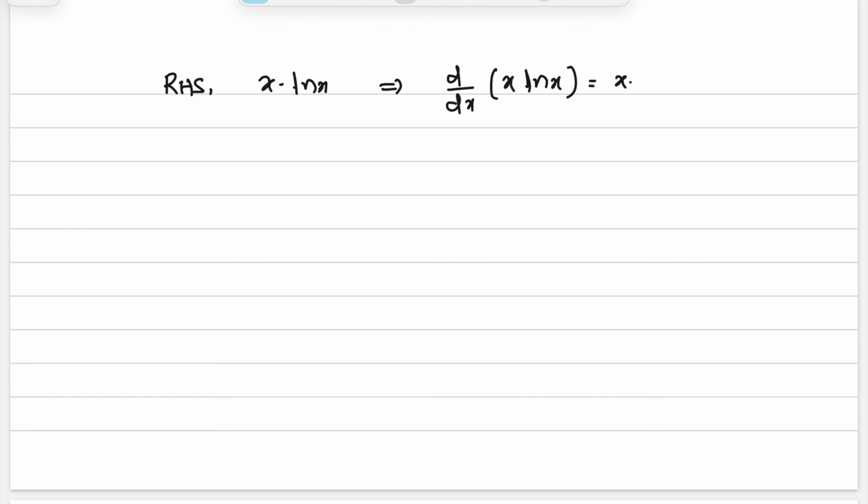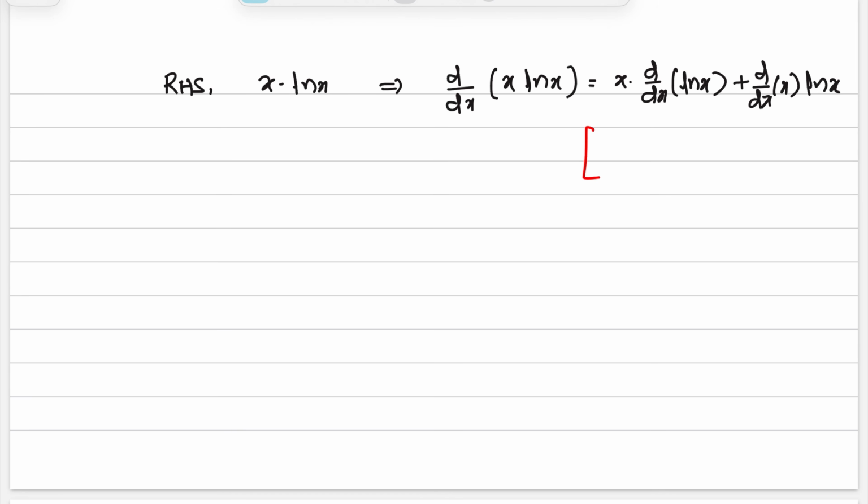The differentiation of uv is equal to u dash v plus v dash u, from your elementary differentiation.